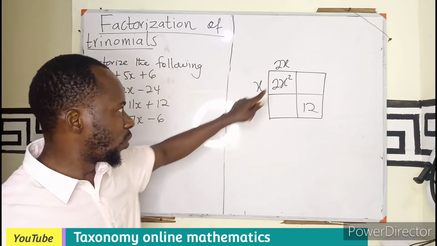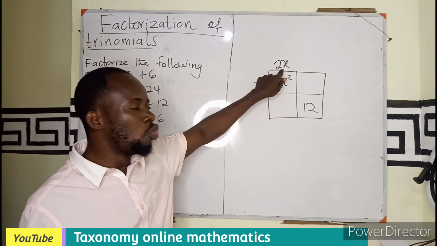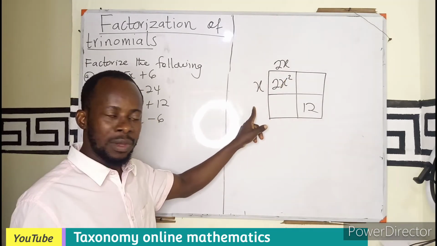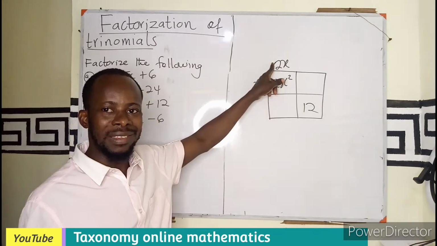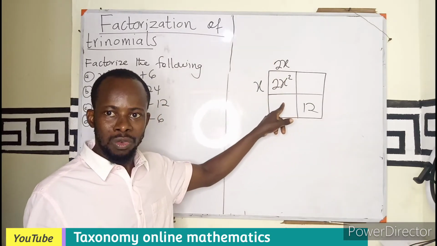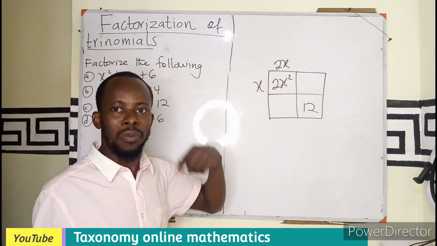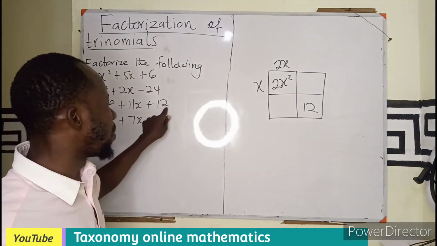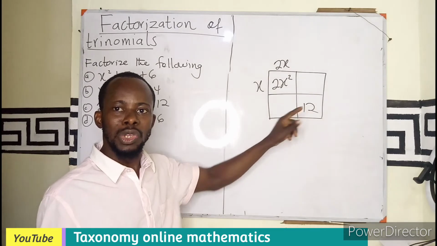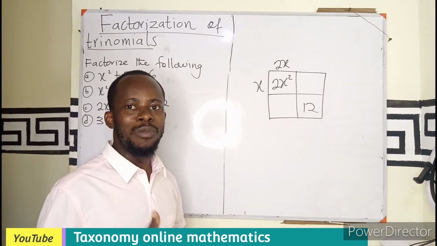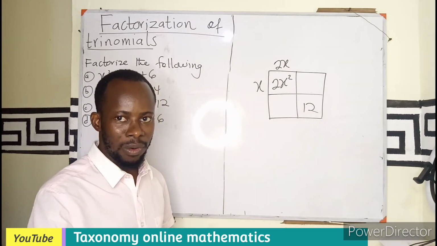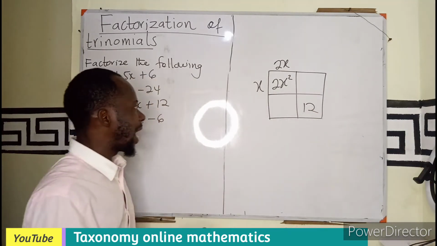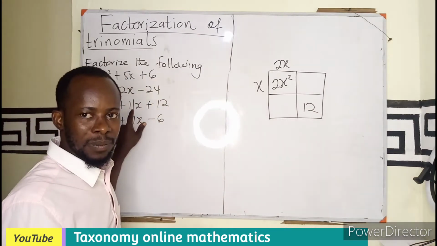But what we need to know now is that this 2 here is going to affect whatever factor I have here, because I'll be using the factor to multiply this and add the result. So it means that the 2 must also feature in the multiplication. Therefore, that 2 must multiply this to give me 24. So I'll be stating the factors of 24 that, when I add, I get 11.